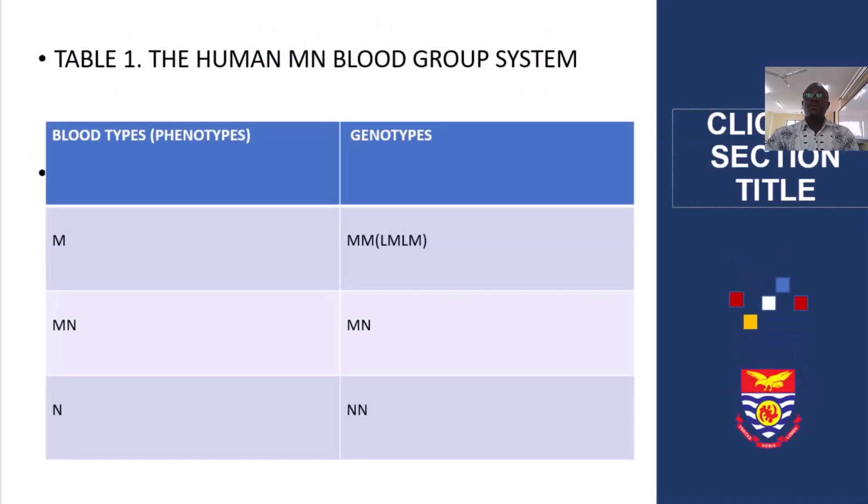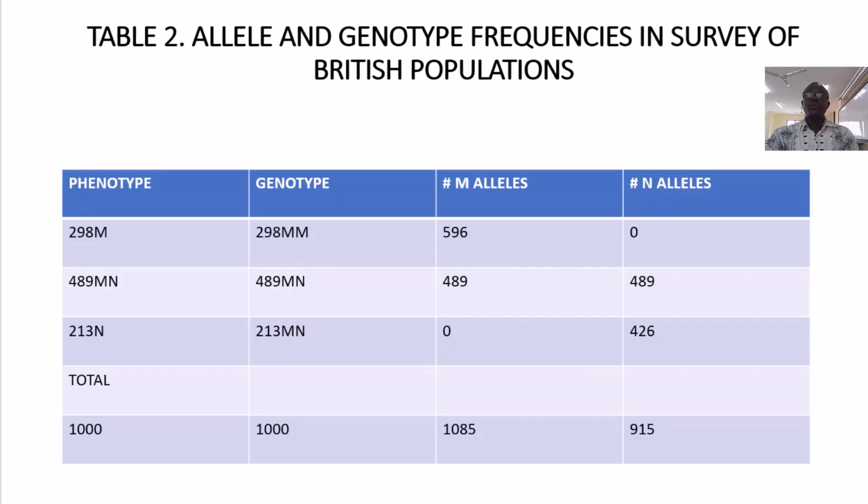For the blood types, we have the genotypes MM, MN, and NN. We have 298 MM, giving 596 M alleles and no N alleles.